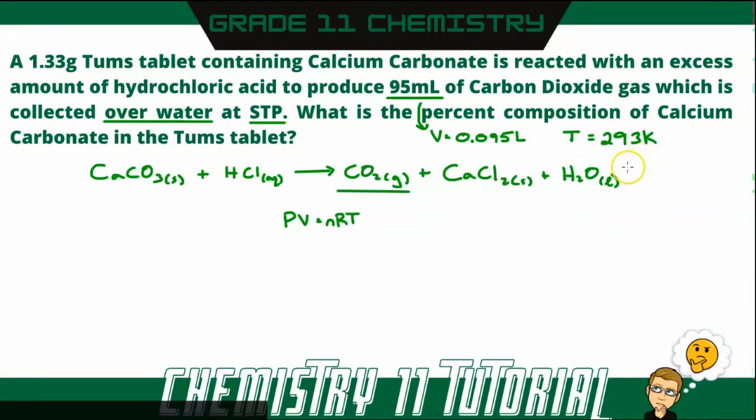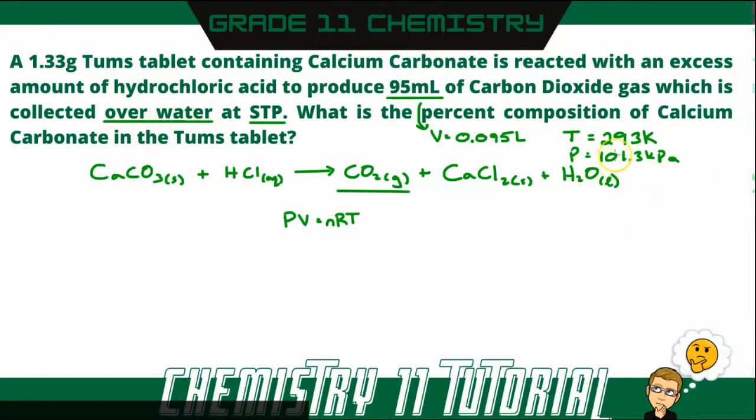Now pressure at STP, well, the STP for pressure is 101.3 kilopascals. However, this is where that over water becomes important. When we collect a gas over water, we're going to naturally get some water vapor in that gas.